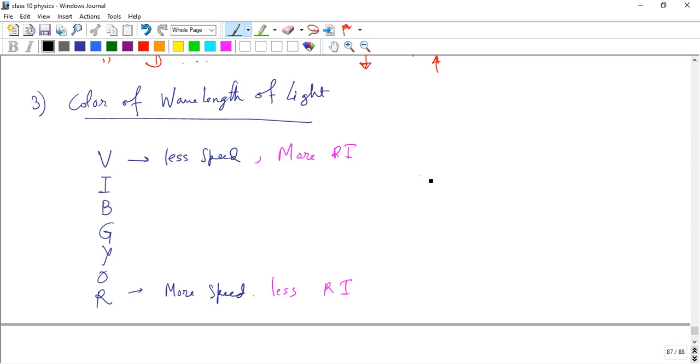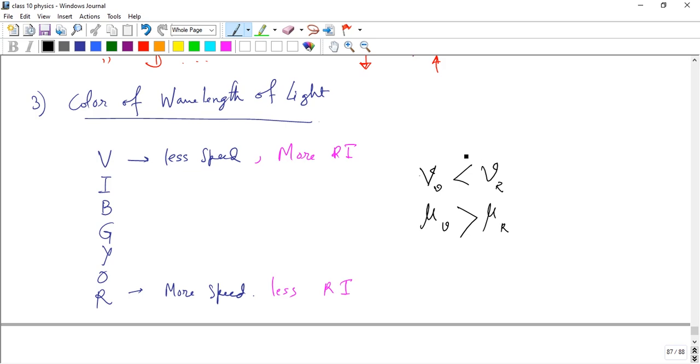So the conclusion here: the velocity of violet color is less than the velocity of red color, so mu of violet is more than mu of red.